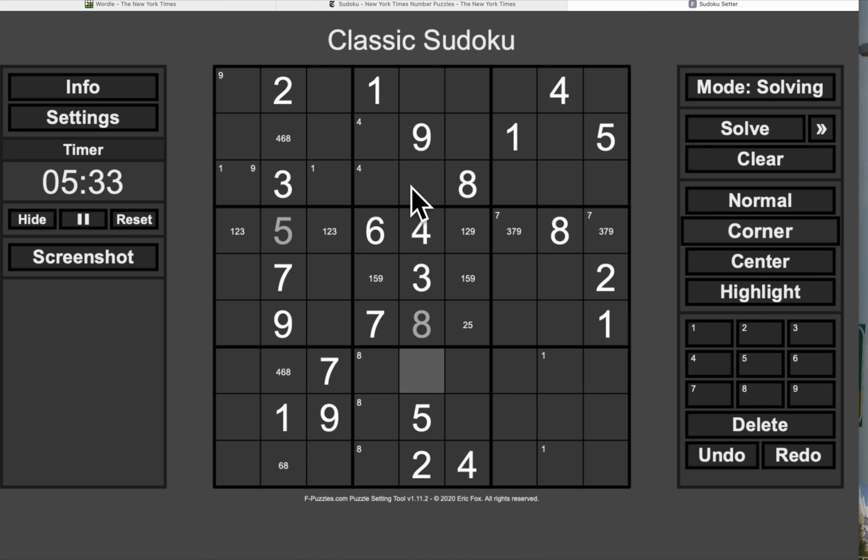But column 5 is going to be my break-in because I've only got 3 cells left to place. 1, 6, and 7, of which this is not 1, and this isn't 7. Well, that's annoying.